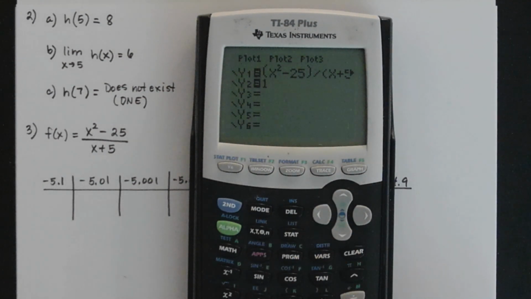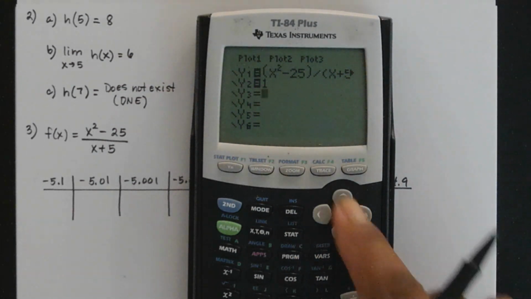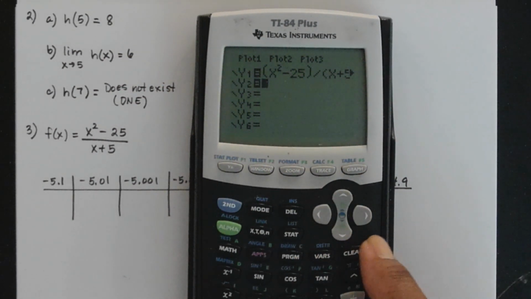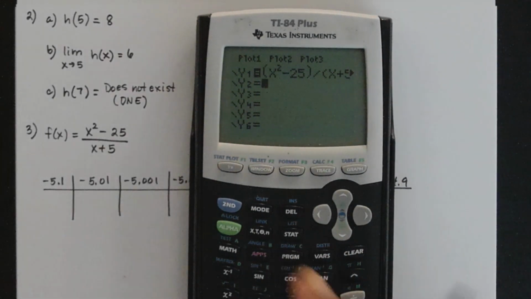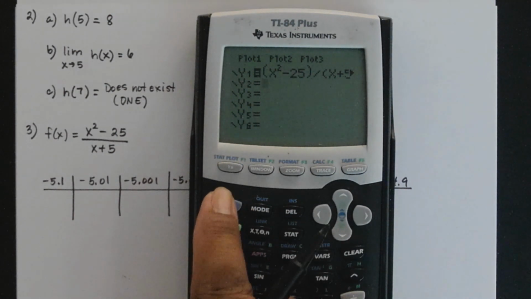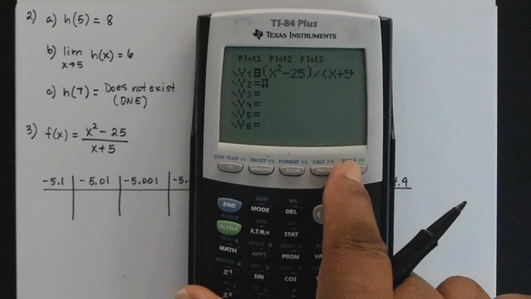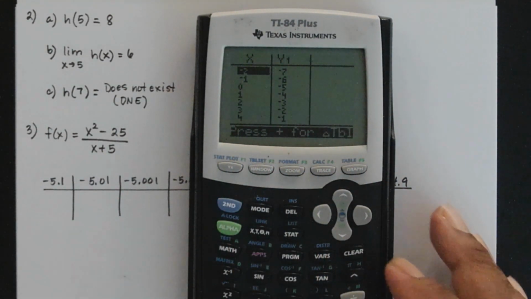And I'm also going to clear this equation that's in y2 out. All right, so now, for the table, we just press the second key and graph for the table.